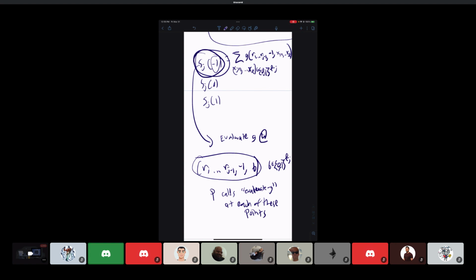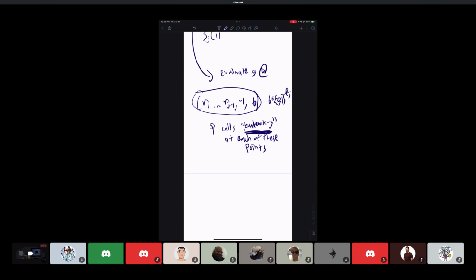Whereas dealing with coefficients of S_j is just much nastier. It's much nicer because S_j evaluated at any particular point is literally obtained by evaluating G at a bunch of points and summing the results. It lets you implement the prover by just calling evaluate G over and over again.